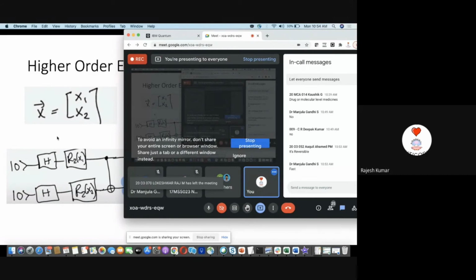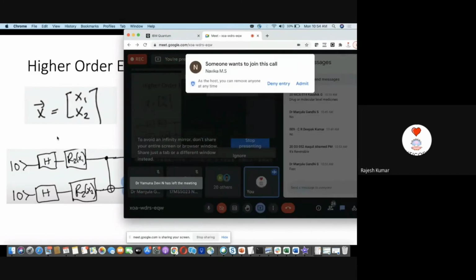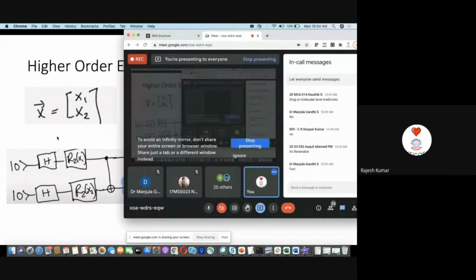Now, coming into the quantum world might be a little challenging initially, but let's make it very simple. Classical and quantum are two different worlds altogether. In quantum, we know the basic principles: superposition and entanglement.